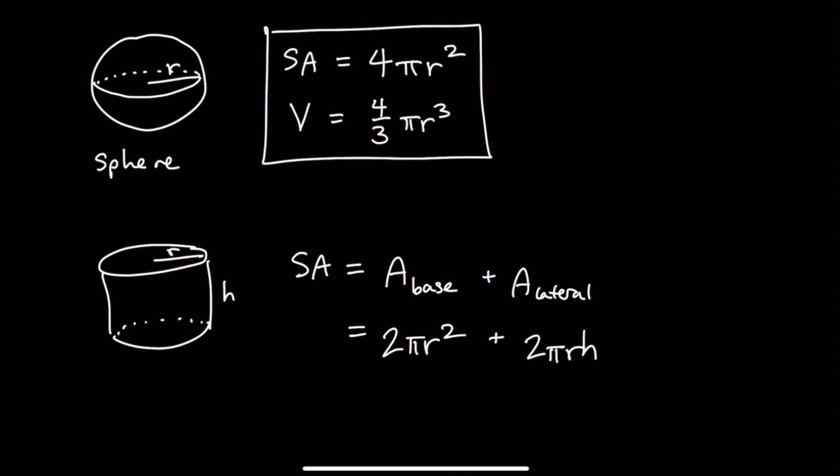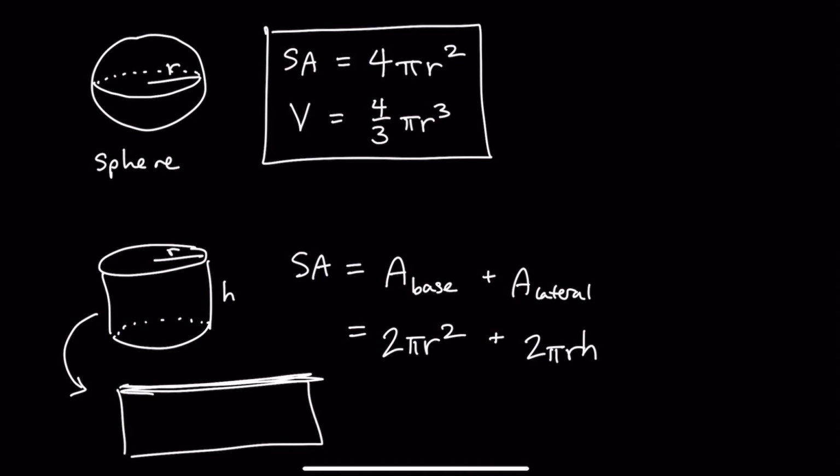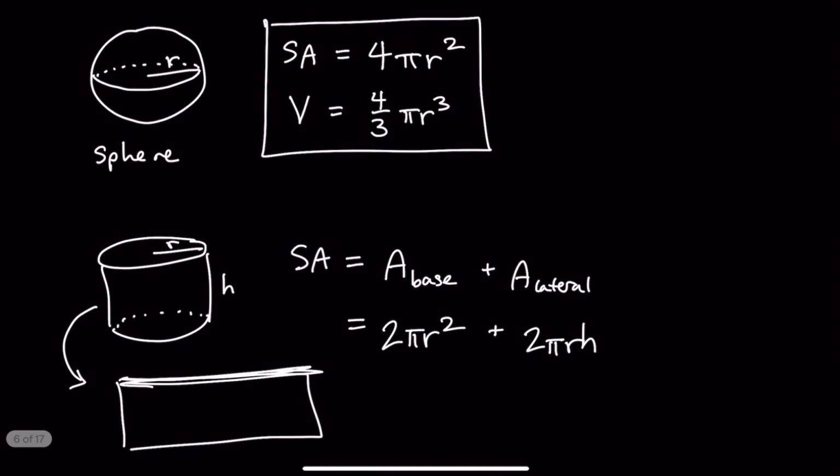And the reason for this is because if you think about the lateral surface as a rectangle where you kind of wrapped this edge around a circle, then you can see that it's a rectangle where this length is the circumference of the circle, and then this height is the shorter side.